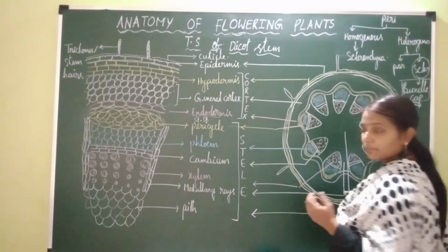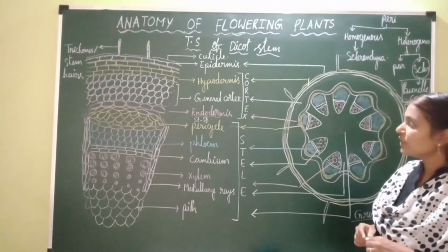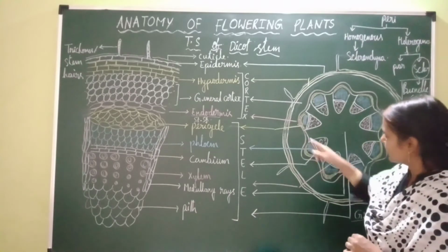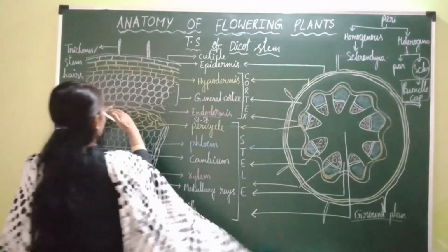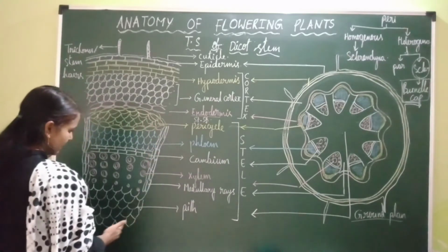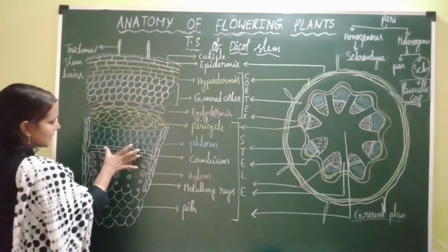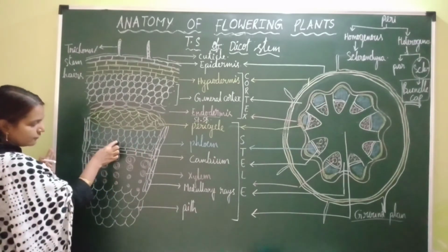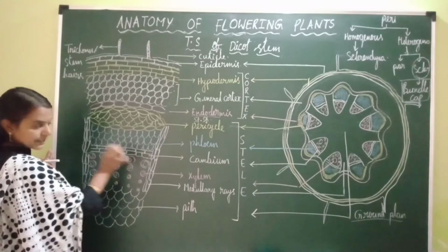One more point: this pericycle is in the form of semilunar patches, like this patch. This is one vascular bundle, and above it pericycle is present. In this vascular bundle, phloem and xylem are present, and in between them, vascular cambium.